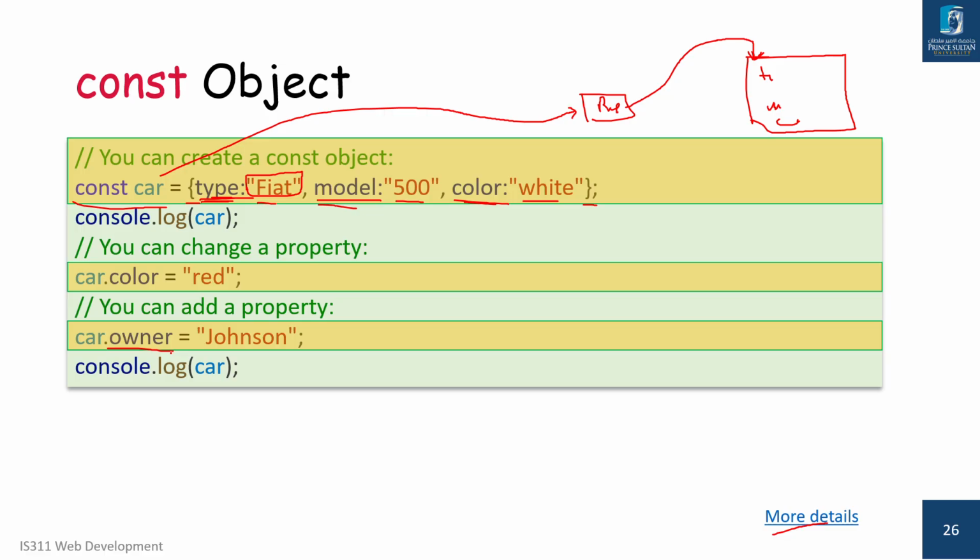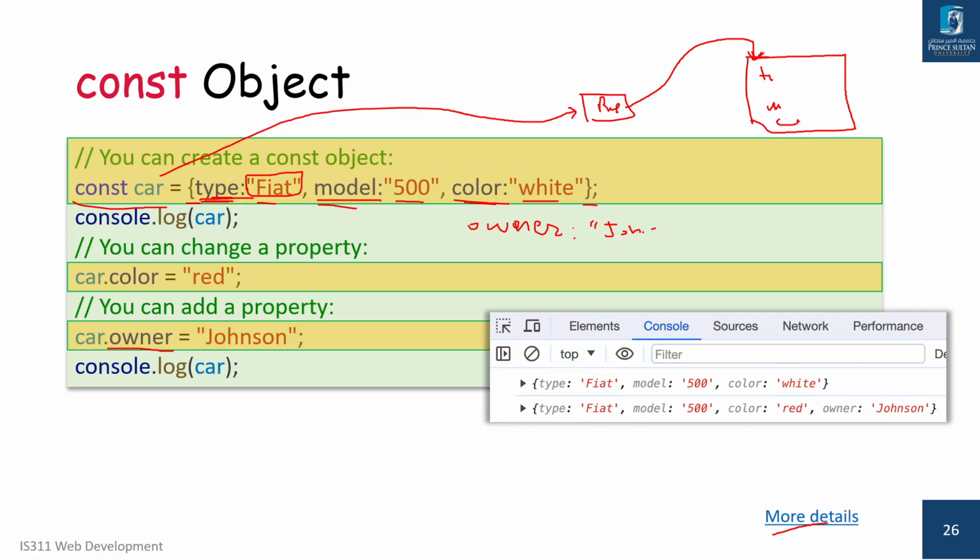So what it will do is create a variable named owner and then assign the value Johnson. It will change that object, add the key owner, and then add the value Johnson inside it. And if we try to print it, it will print this complete object. So now it has the type, model, color, and then it will also have the owner inside it.